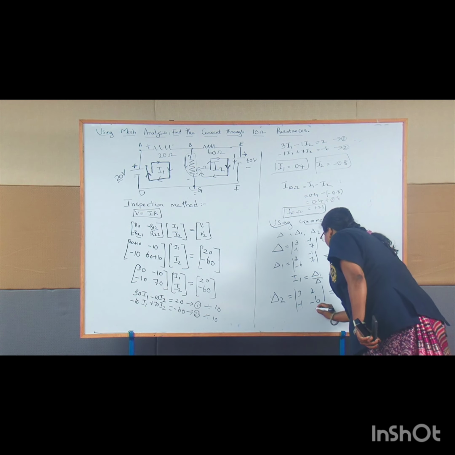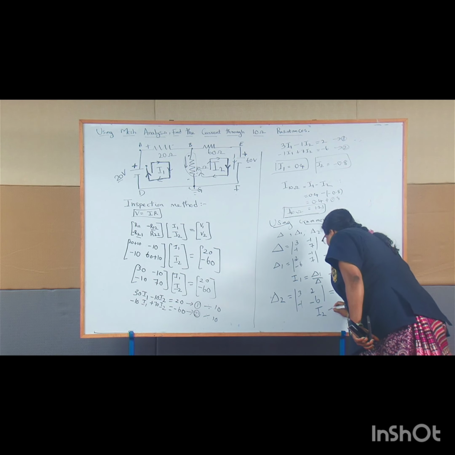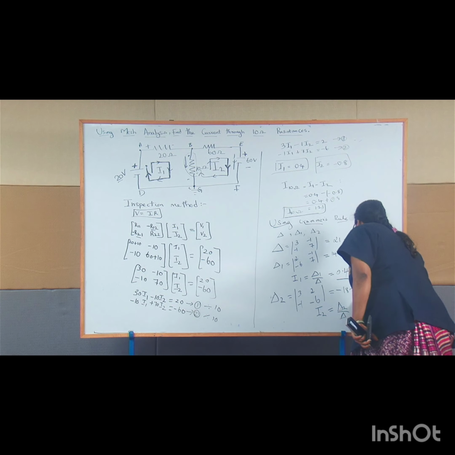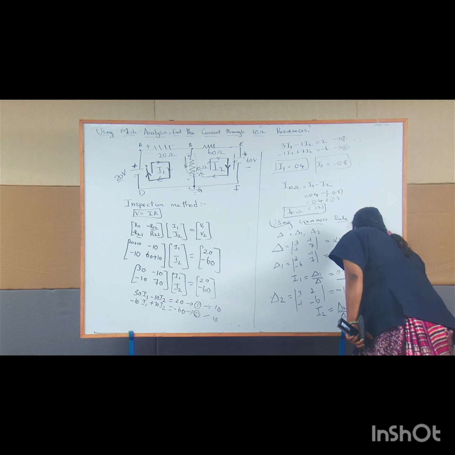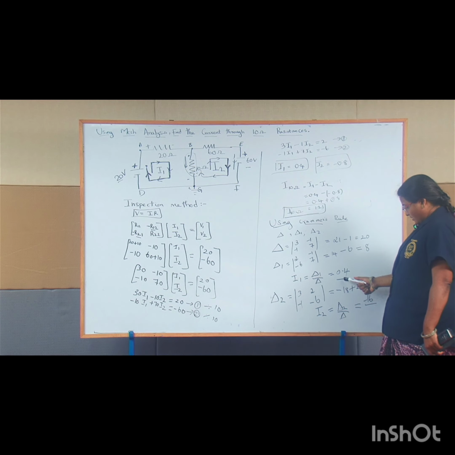For that you need del 2 by del. So, I2 equals del 2 by del. Del 2 is minus 16, divided by del, which is 20.